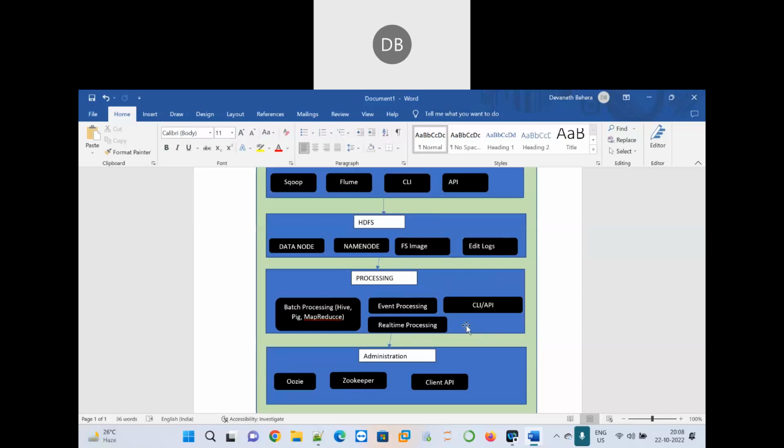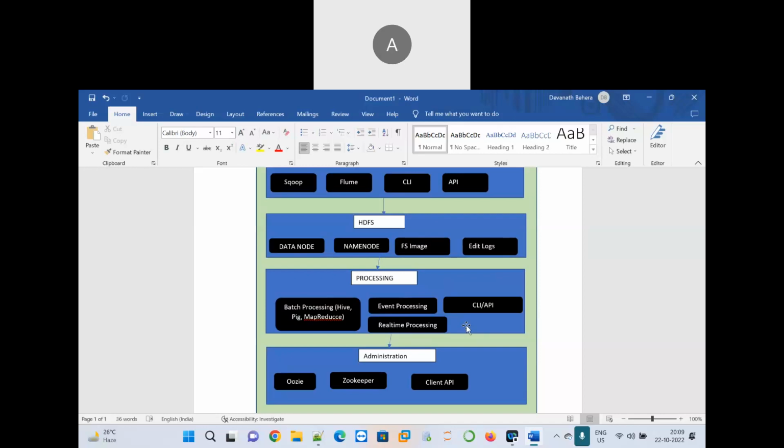At the end of the day, it runs to check how many transactions happened that day, how many customers visited the bank, how many withdrew an amount, how many deposited an amount. All these things are taken into calculation. That is done after the bank is closed for that particular day. That is called batch processing.